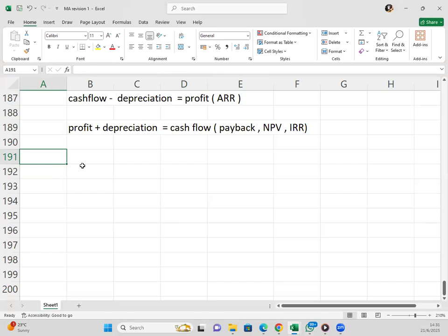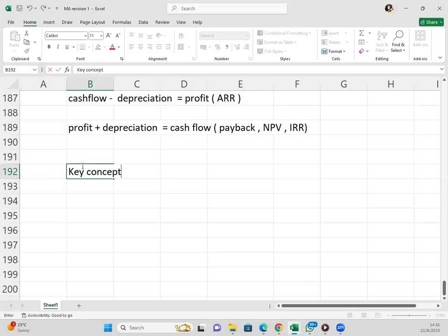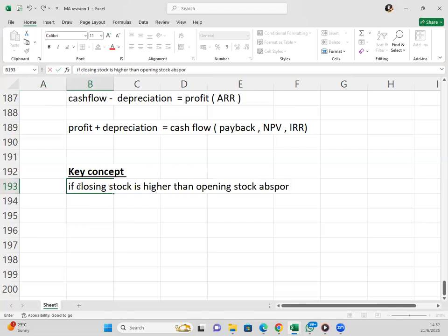So, using that same concept: if closing stock is higher than opening, absorption costing reports a higher profit.